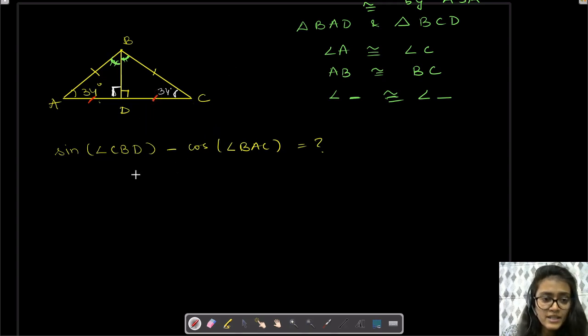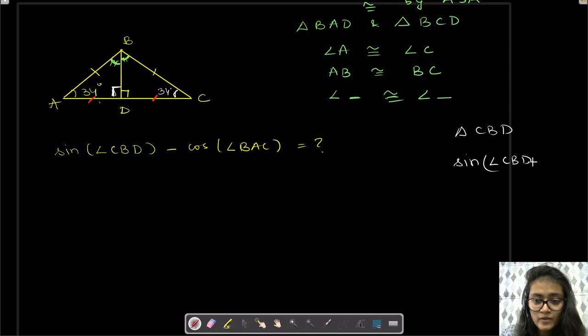Alright, now let's see what we have to find. We have to find out sine of angle CBD minus cosine of angle BAC. So sine of angle CBD, if you look at this right triangle CBD, sine is equal to opposite side, which is DC, over the hypotenuse, which is BC, minus cosine of angle BAC.